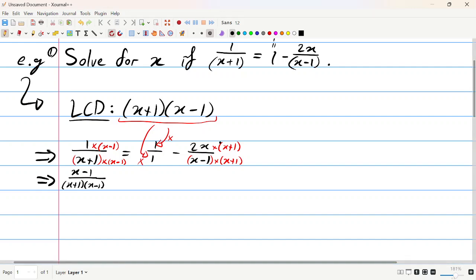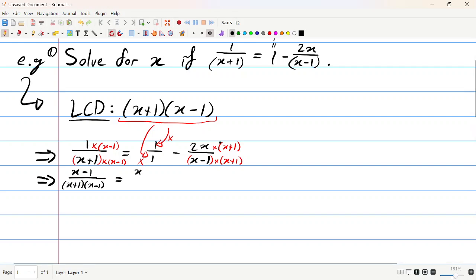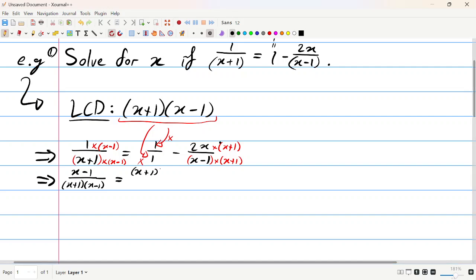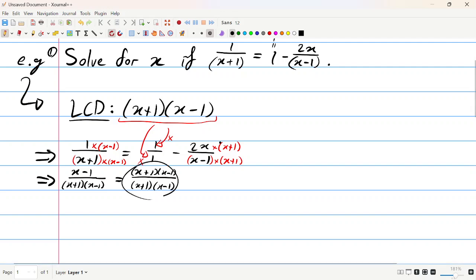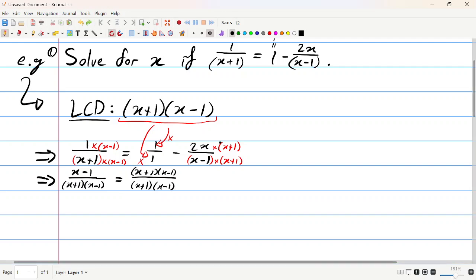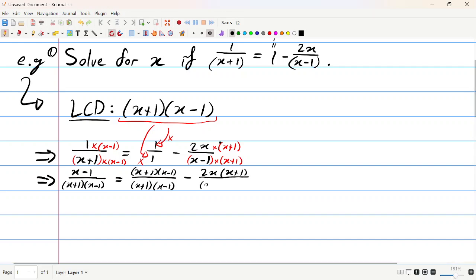Okay. And this is just going to be equal to what? X plus 1 multiplied by x minus 1 divided by x plus 1 multiplied by x minus 1. And clearly this does give us 1 because it's something divided by itself. And minus 2x multiplied by x plus 1 over x minus 1 multiplied by x plus 1.